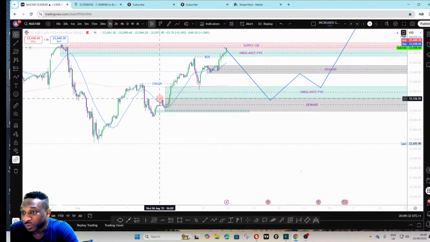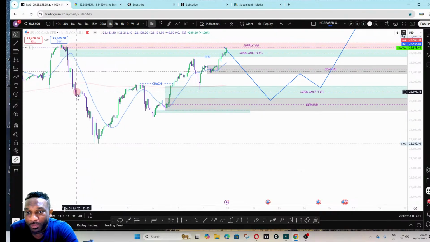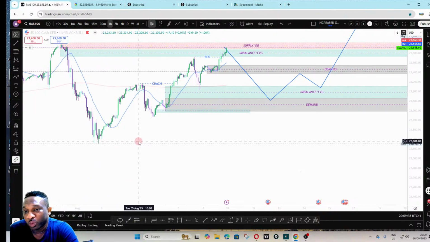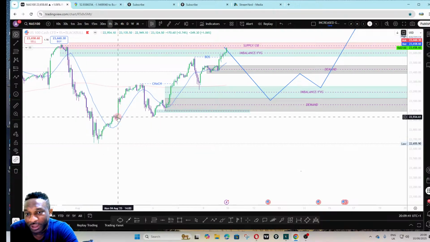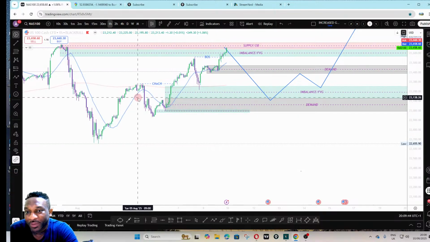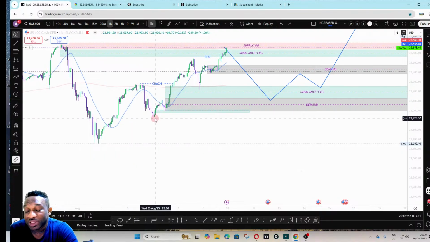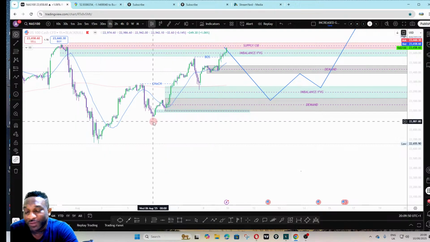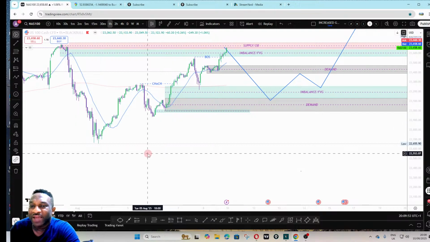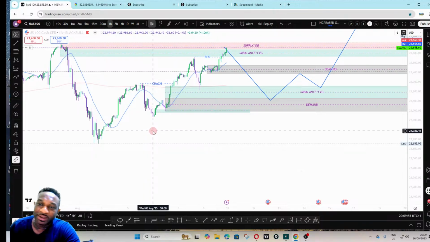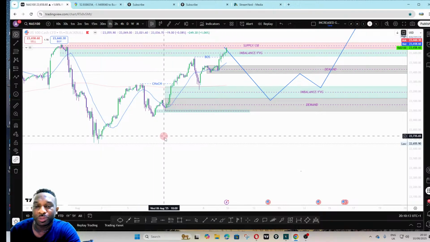If it's going to turn around and go higher, NAS might be delaying. S&P 500 would have completed this low and then gone higher, but NAS will take its time to complete the same pattern. If you see that, it's more or less a divergence. That gives you indication that you can take the trade on NAS, since S&P 500 has already completed that pattern and is pushing up, and NAS is yet to do the same. You can take the trade on NAS as you see the indication on NAS to push higher.